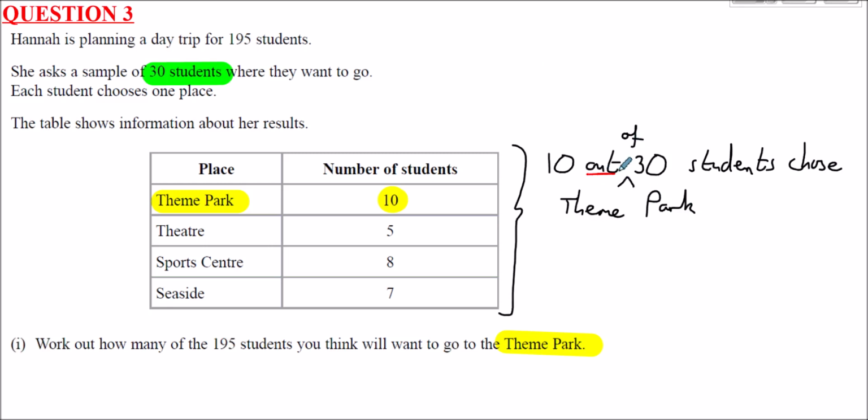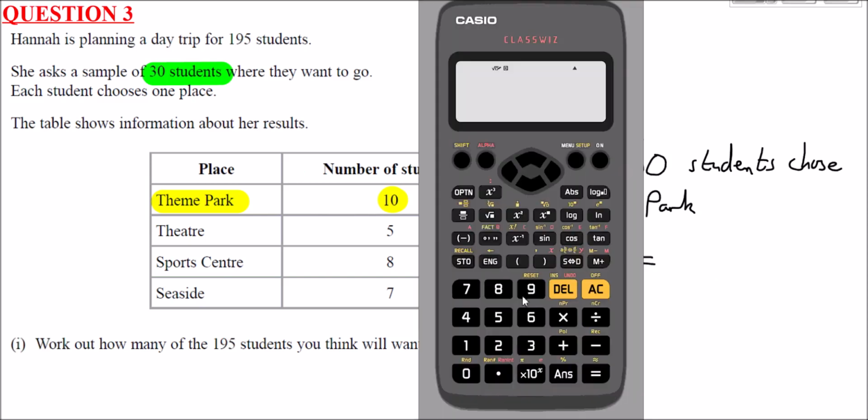Now, if 10 out of 30 students chose a theme park, we can put these 2 numbers into a fraction. Out of just is like the fraction line. Whatever comes after the word of goes at the bottom. The first one goes at the top. So 10 out of 30 students chose a theme park. I'm going to assume here, if this sample is fair, that 10 30ths, which we can simplify down on the calculator, which I'll show you here.